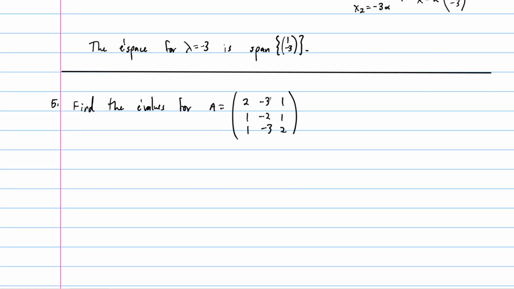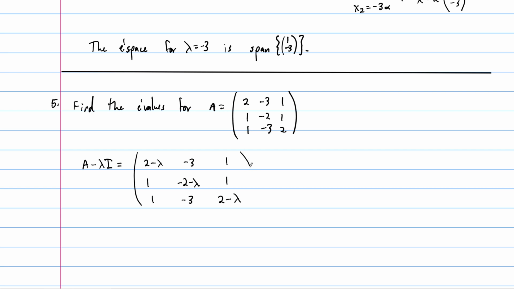Remember, we first need to write down the matrix A minus lambda I. It's just going to be 2 minus lambda, -3, 1; 1, -2 minus lambda, 1; 1, -3, 2 minus lambda.